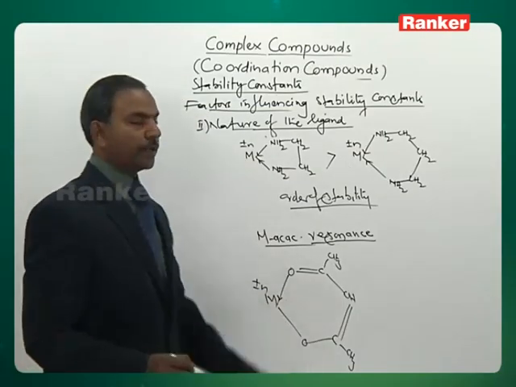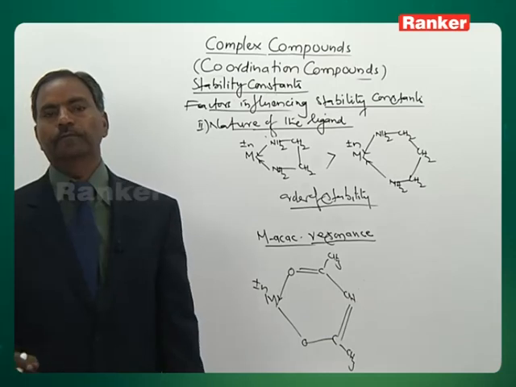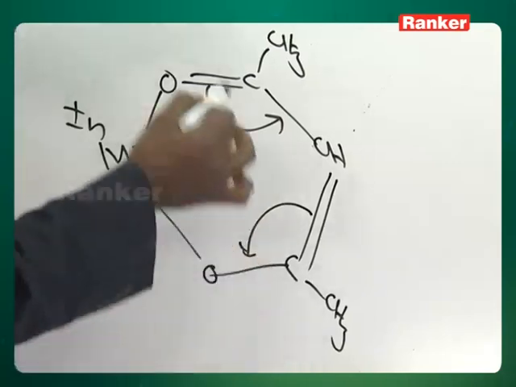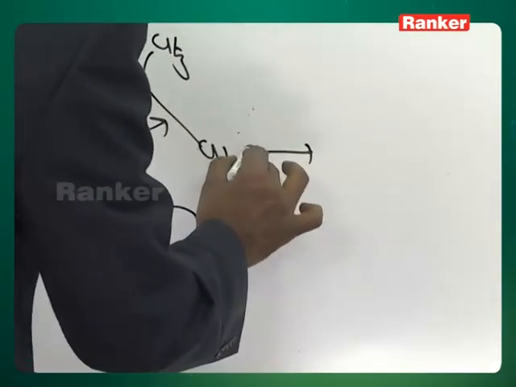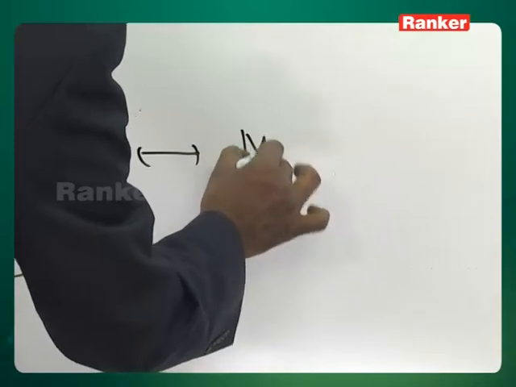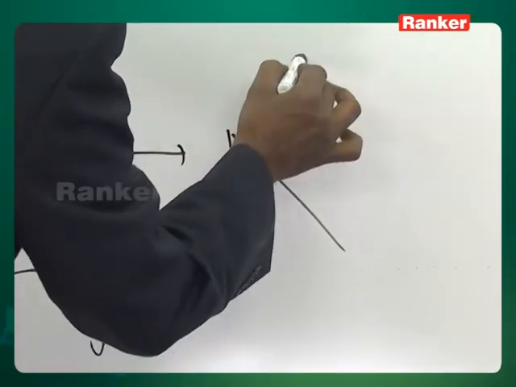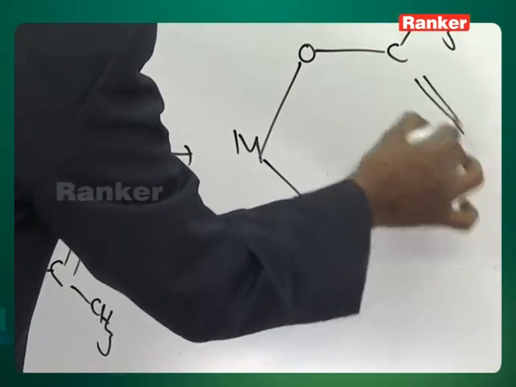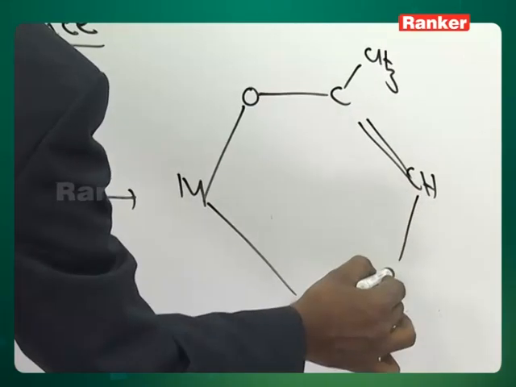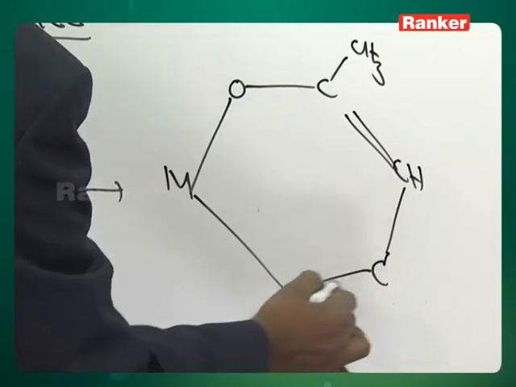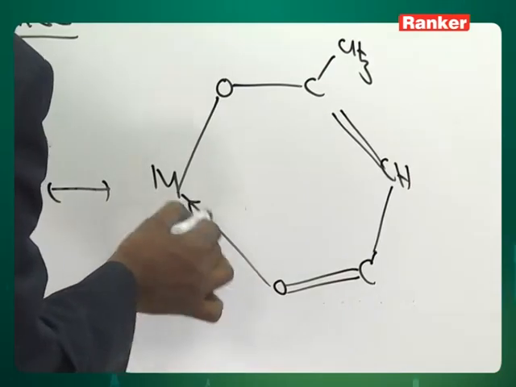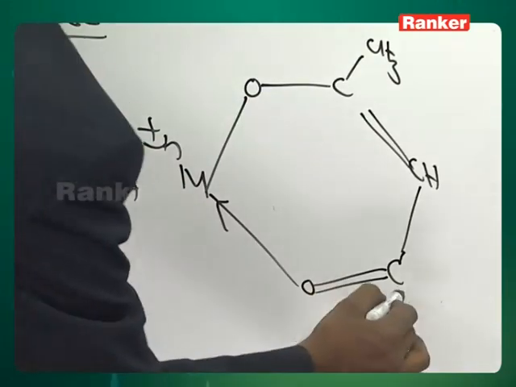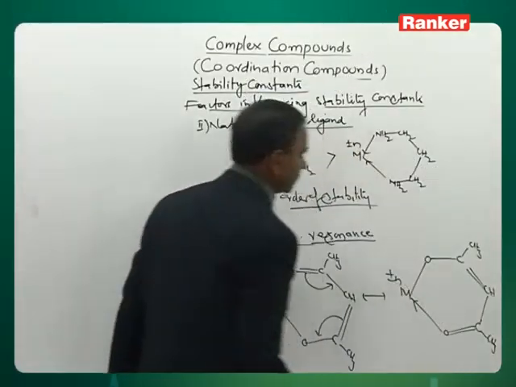See this particular acac ring, you are clearly observing on the board, there are double bonds. There is a possibility of resonance like this. See the next resonance structure, single bond, double bond, CH, C, double bond. Make it a coordinate bond, and it is CH3.